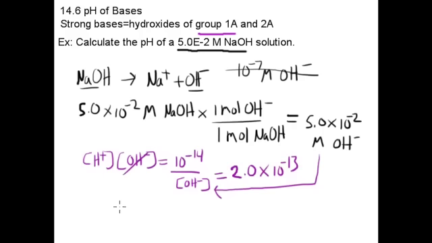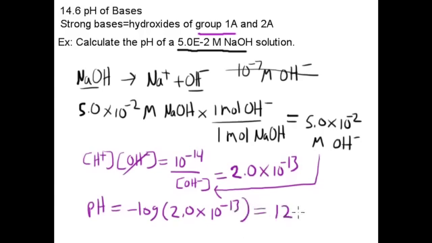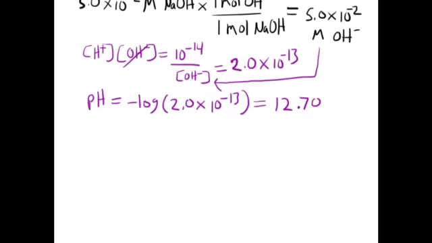And then I can take the negative log of that to find the pH. And I find out that the pH is 12.7, which makes sense because it's a base, so the pH should be greater than 7.